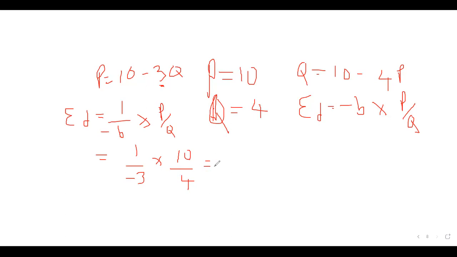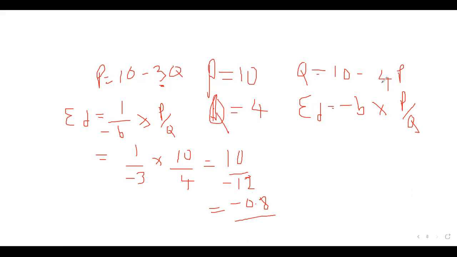So here we're going to get 10 over negative 12, which is negative 0.8, is it? Or negative 0.9. So this means demand is inelastic.